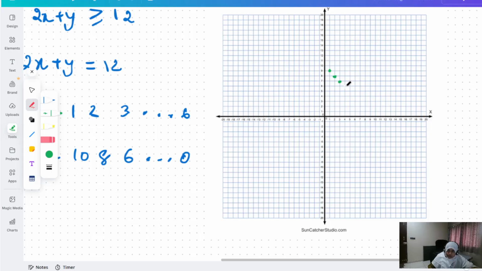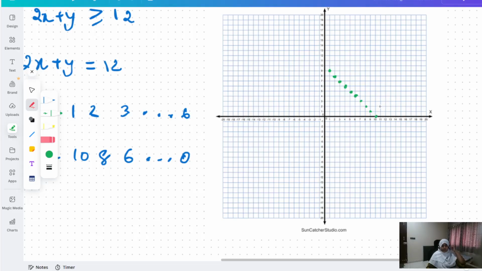For 4, it will be 6, for 5, it will be 5, for 6, it will be 4, for 7, it is 3, for 8, it is 2, for 9, it is 1, and for 10, it is 0.